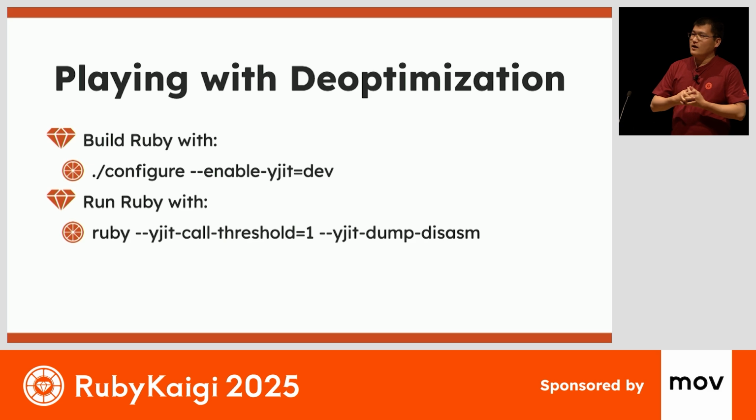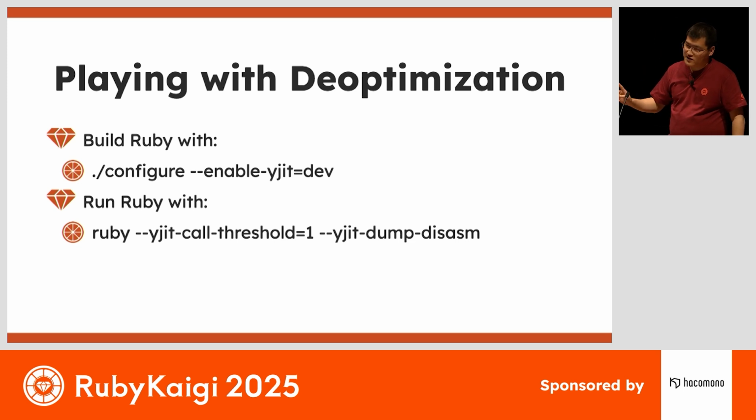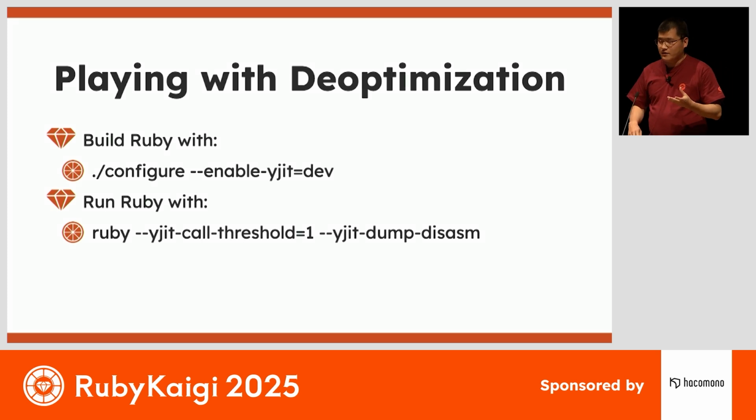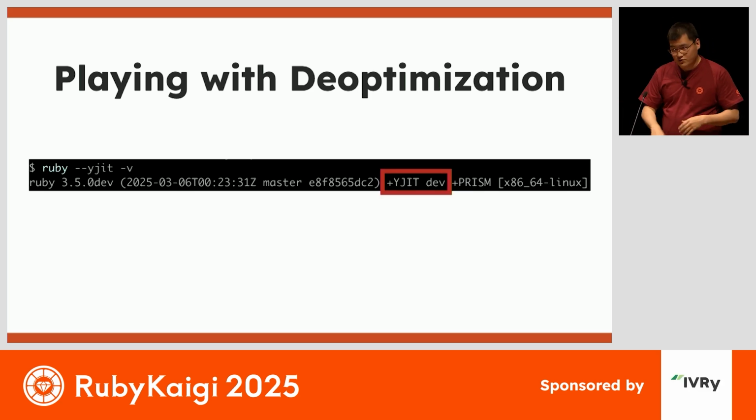And to give you hands-on experience, if you are interested, you can try building Ruby with the configure flag --enable-yjit=dev. If you build Ruby that way, CRuby is going to support the extra command line flag --yjit-dump-disasm, which shows the machine code for every single method you have compiled with YJIT. For example, if you build Ruby with --enable-yjit=dev, the -v with --yjit is going to show +YJIT dev.